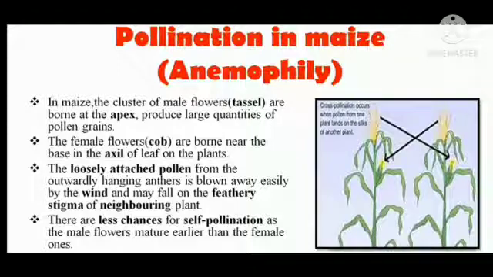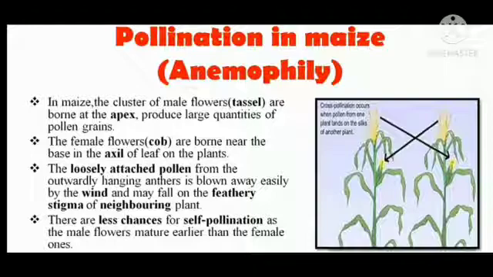As the anthers burst, the light and dry pollen grains from the outwardly hanging anther are blown away easily by wind and may fall on the feathery stigma of the neighboring plant.